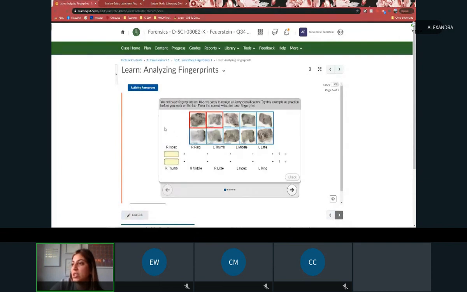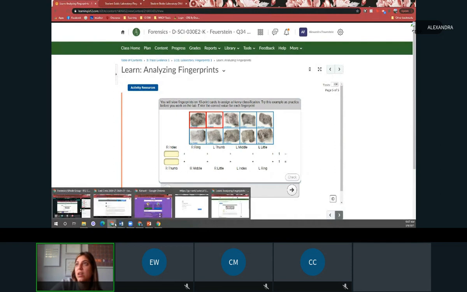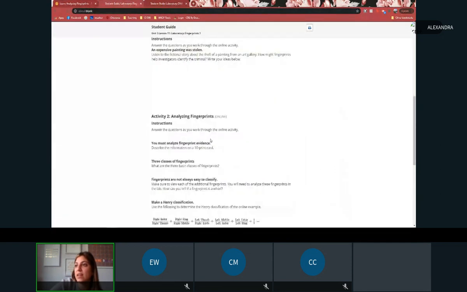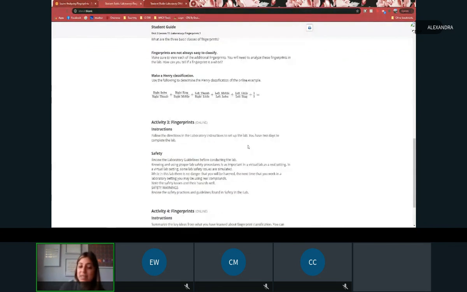So then you're going to have an opportunity to practice. If you take a look, the right index and the right thumb, you'll be able to work through this and use your guides. Remember that they tell you the Henry classification. If this is really confusing right now, that makes sense, right?